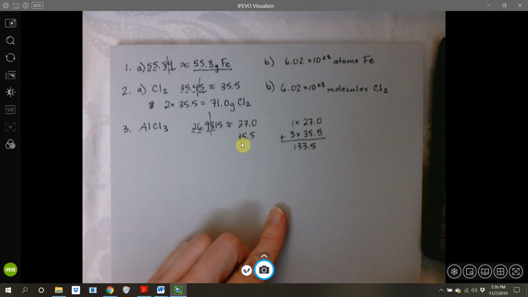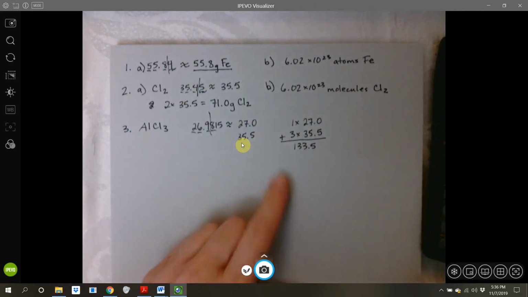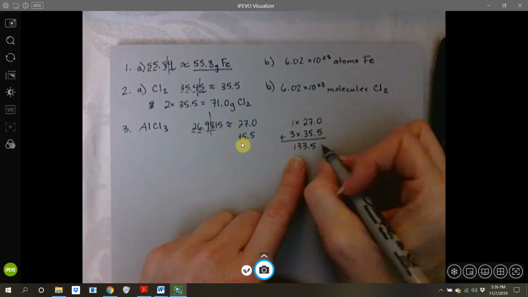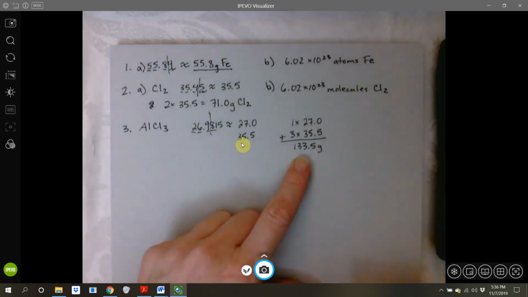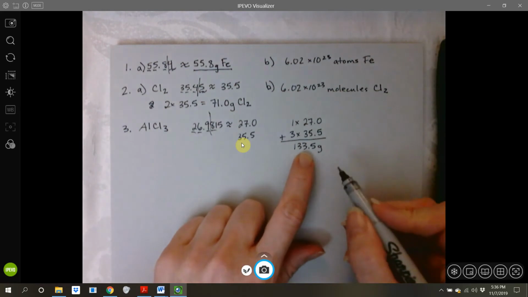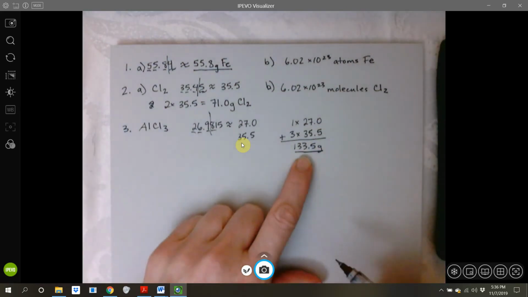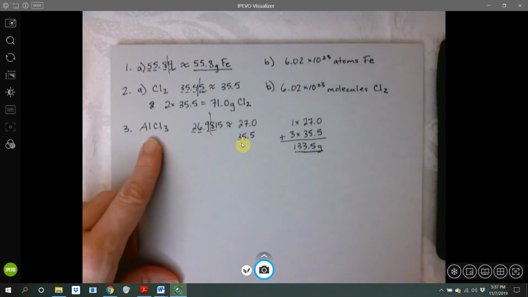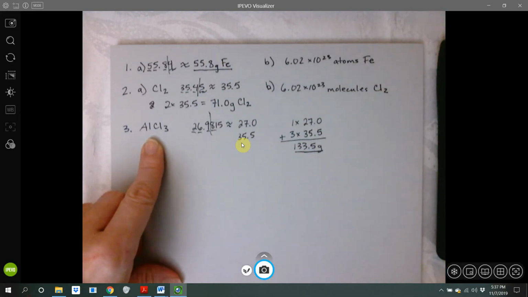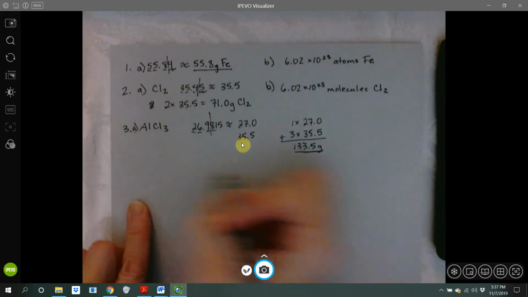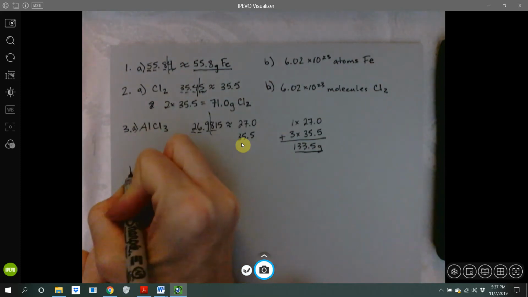I'll just do a double check here. Sometimes it's a handy practice to put things in your calculator twice. So that's what I got again. So 133.5, I'll give it a little underline, is our molar mass of aluminum chloride.